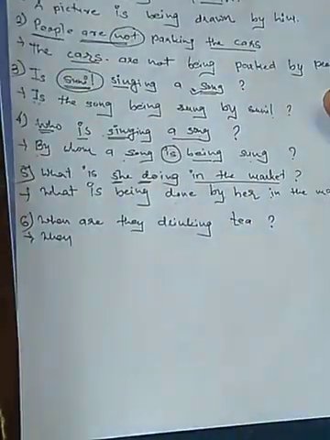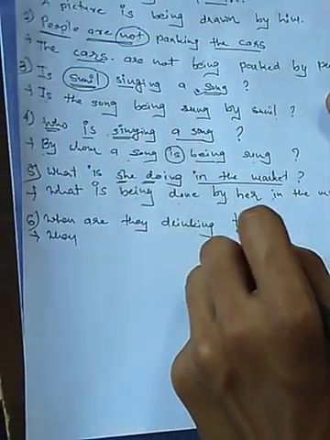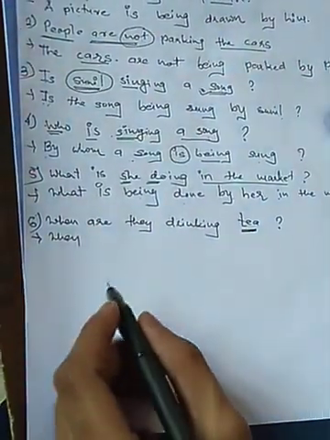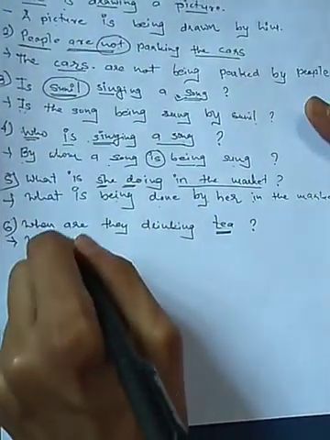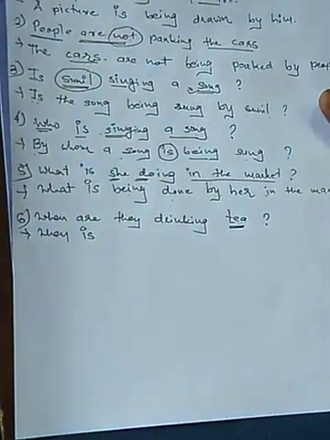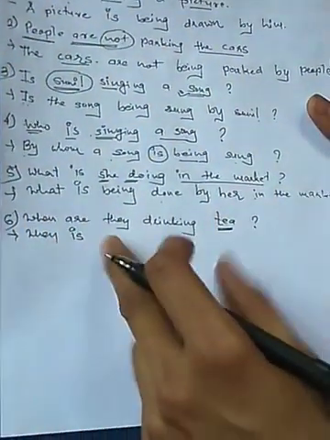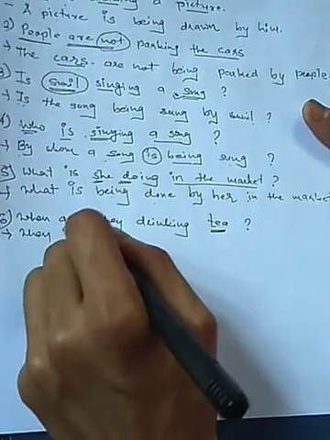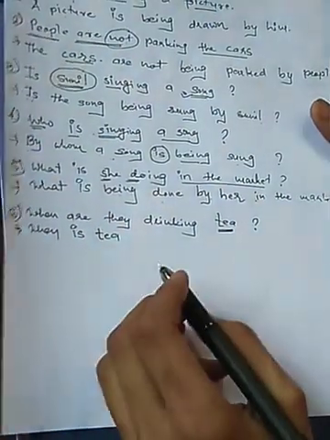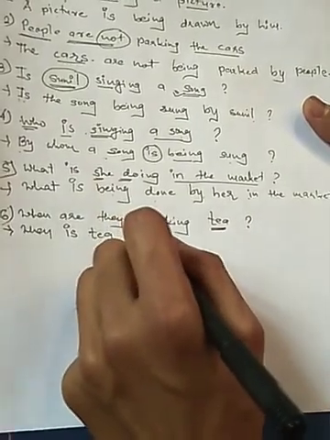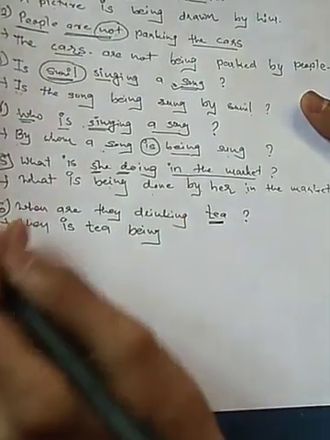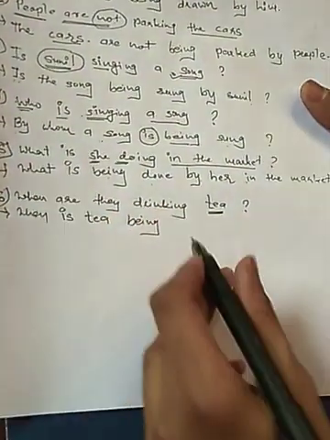Then regarding the object, keep in mind the object, you have to put am, is or are. Simply here put is. When is, then write the object tea, then write being. When is tea being.